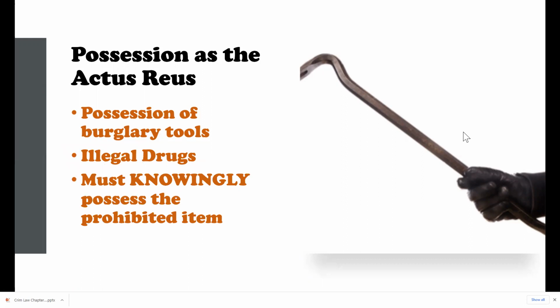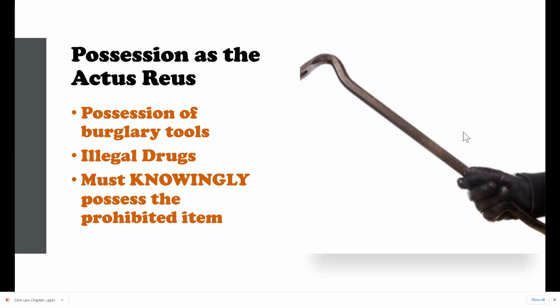In order to be charged with possession crimes, the person must know that they're in possession of this contraband. If they don't know they're in possession of the contraband, that's different. And that word, knowingly, is what we're going to get into next, because it's very, very important.